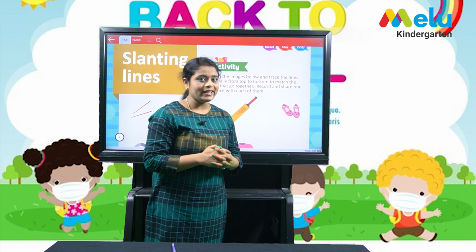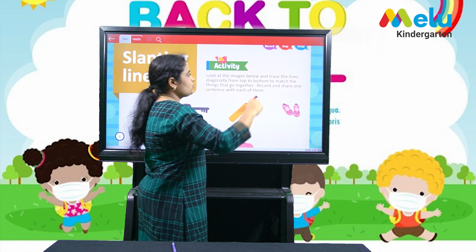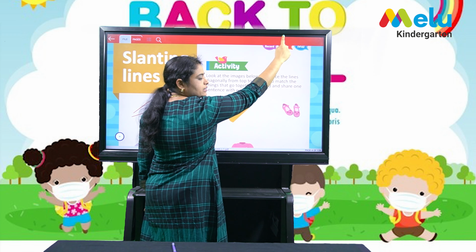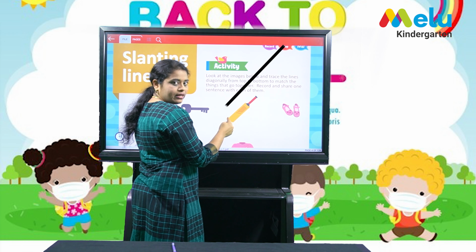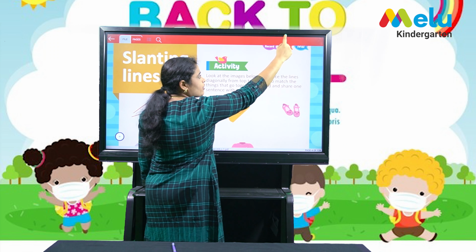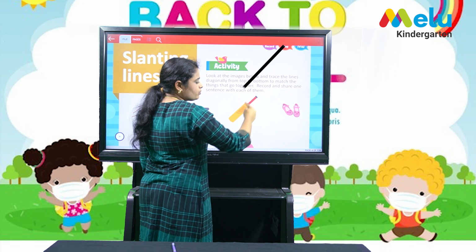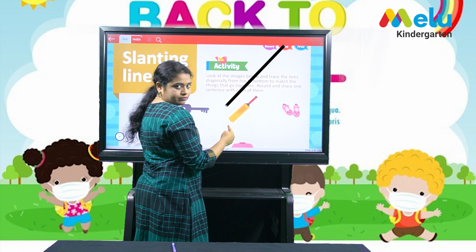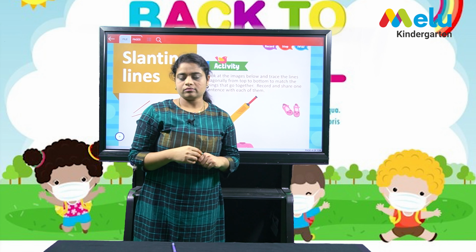Now let's practice tracing right slanting line in the air. Okay, so start from the right hand side top and come down slanting to the left bottom. Start from the right hand side top and draw a line slanting towards the left bottom. This is the right slanting line.